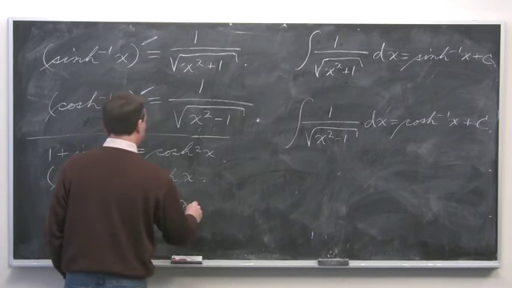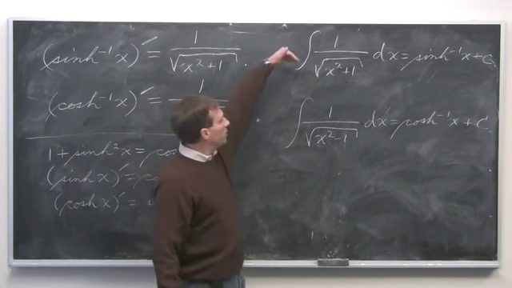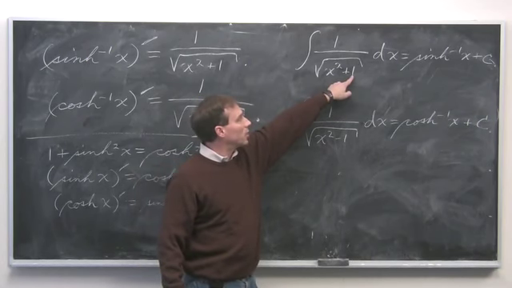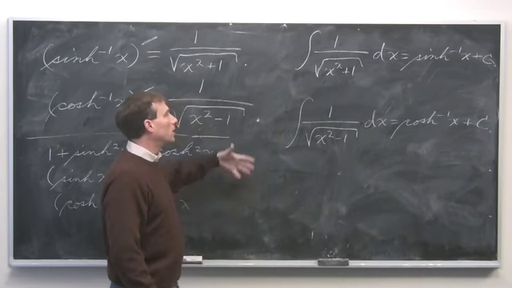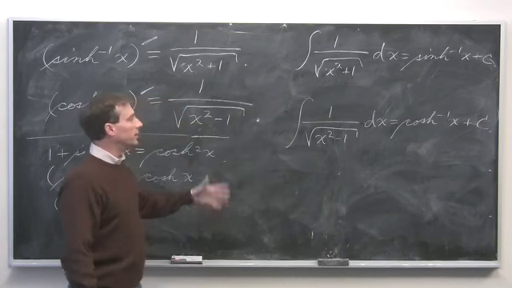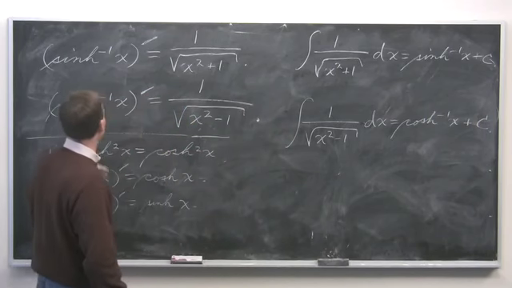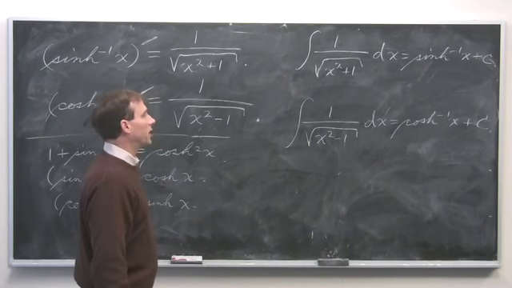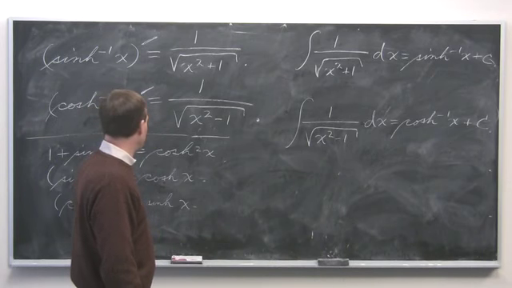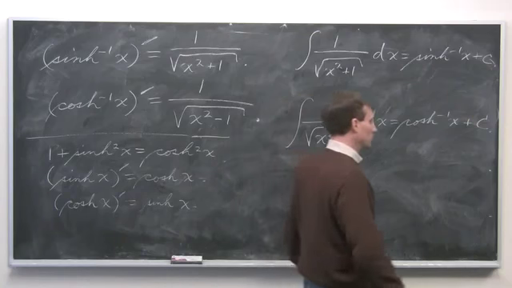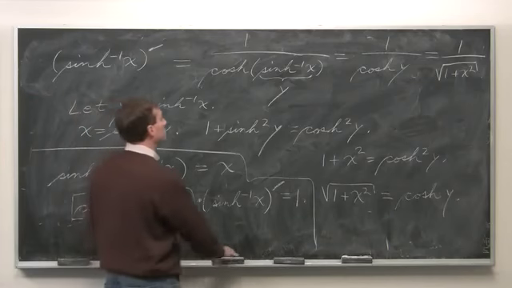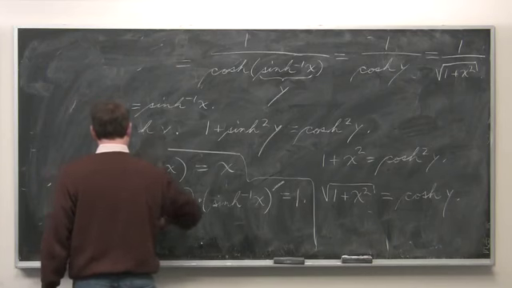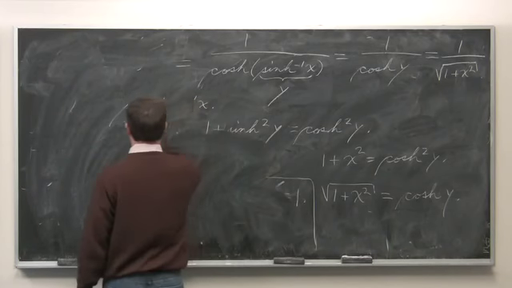If you know these things and you come across one of these integrals, or in a minute I'm going to put an a squared there and do those, you can make a substitution that gives you these formulas quickly without having to know the formulas for the derivatives of the inverse hyperbolic trig functions. So let me show you how that goes, since that is the point of this section. How do you use these for integration, for finding antiderivatives?